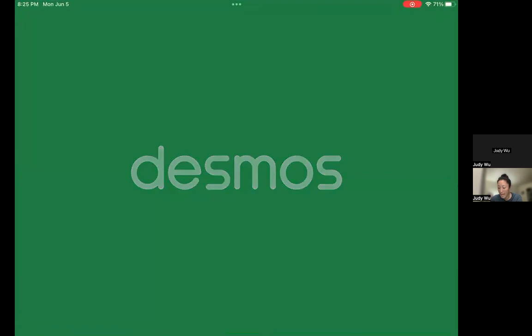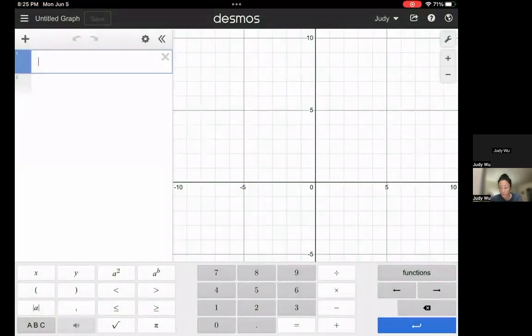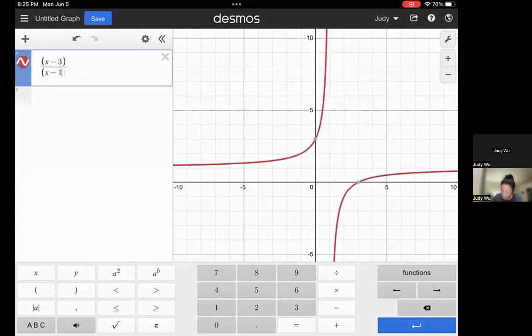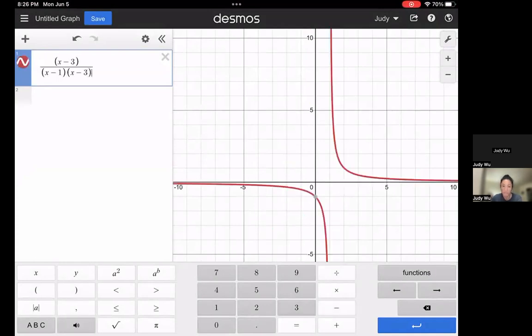And on this app, you can actually use it to graph things. So all I would need to do is type in the equation. So x minus 3, close it, divided by x minus 1 times x minus 3. Okay. So I've got my function here.